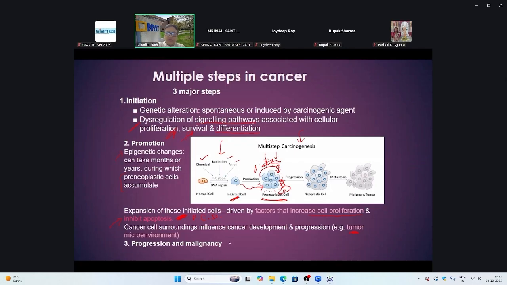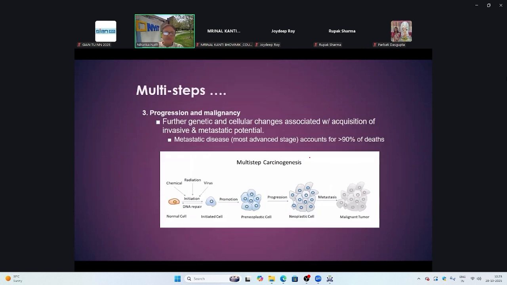So now they start to progress. When they start to progress, this is called progression and malignancy. Okay, and I have the same diagram here. In progression, the changes in the cell are really accumulating: very smart changes, metabolic changes, genetic alterations, slight alterations.